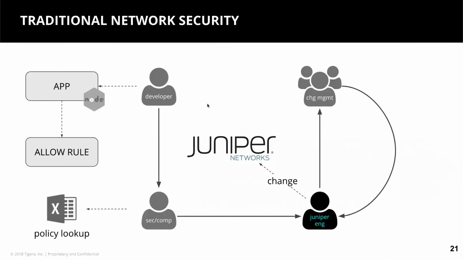So I have siloed the policy implementation function within a particular group. And so no matter how fast I move from being able to create rules and identify the policies and making sure that they align correctly, I can only move as fast as the size of my network engineering team, because they're the only ones that have access to the policy implementation devices.